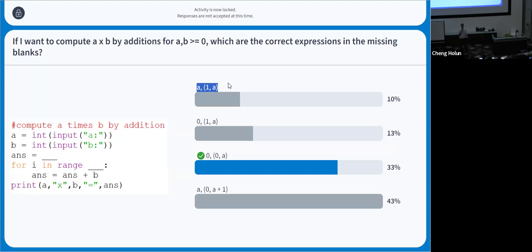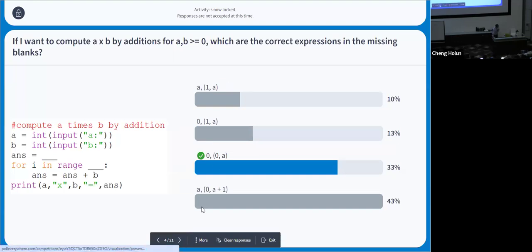This code is sometimes right, sometimes wrong. When is it right? Yes, when A is positive, or actually A is not 0. But if A is 0, too bad, the code is wrong. So it is sometimes right, sometimes wrong. So you need to check that.